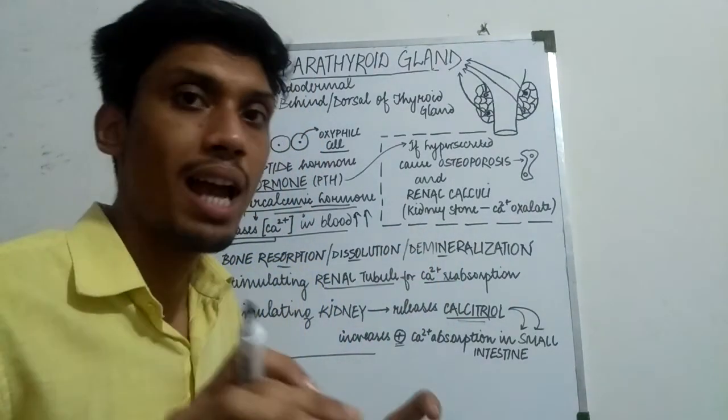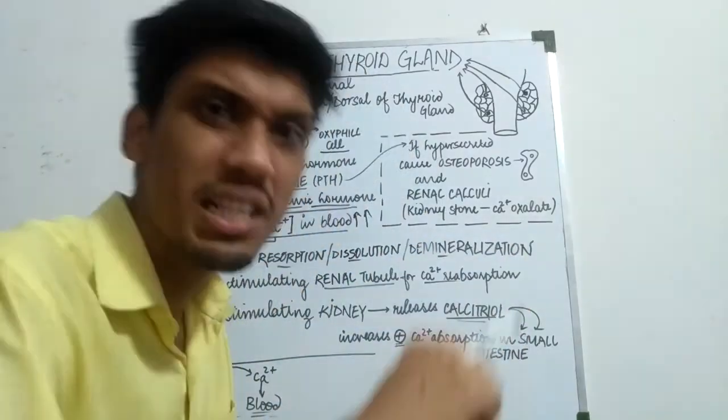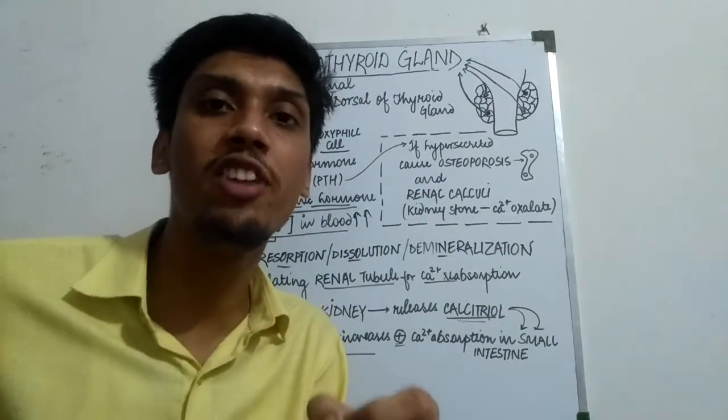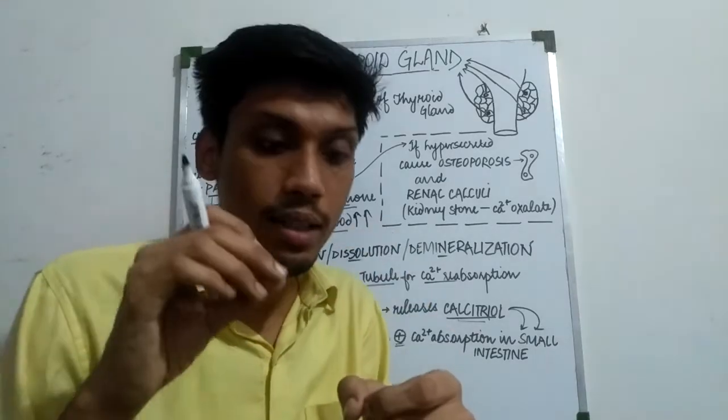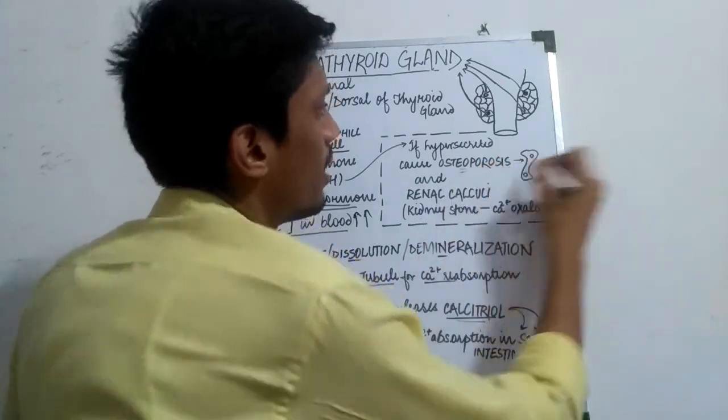Osteo means bone, and porosis means pores in bone. So it takes out so much calcium from the bone that the bone becomes weak and starts creating pores. That's called osteoporosis.